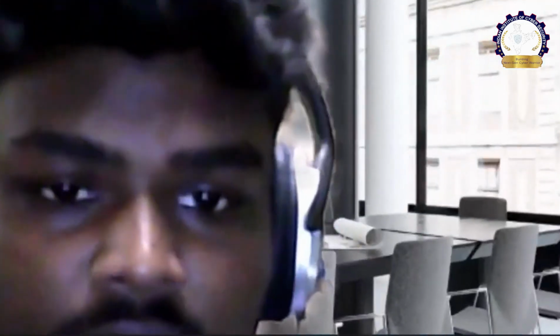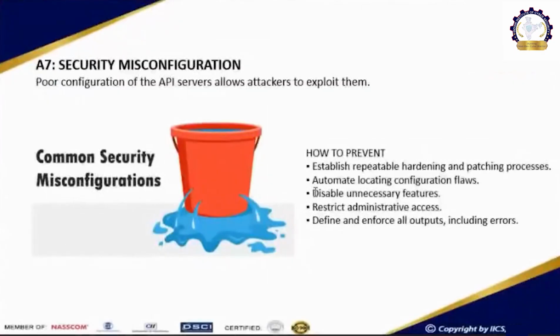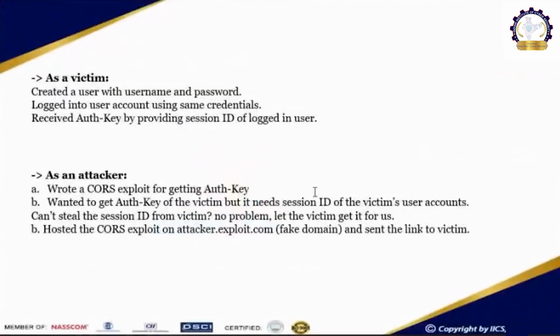So for that, I'm going to my slides again. Yeah, so what's happening here is, as a victim, a normal person created a user with usernames and passwords, logged in with the same credentials, and received an auth key.